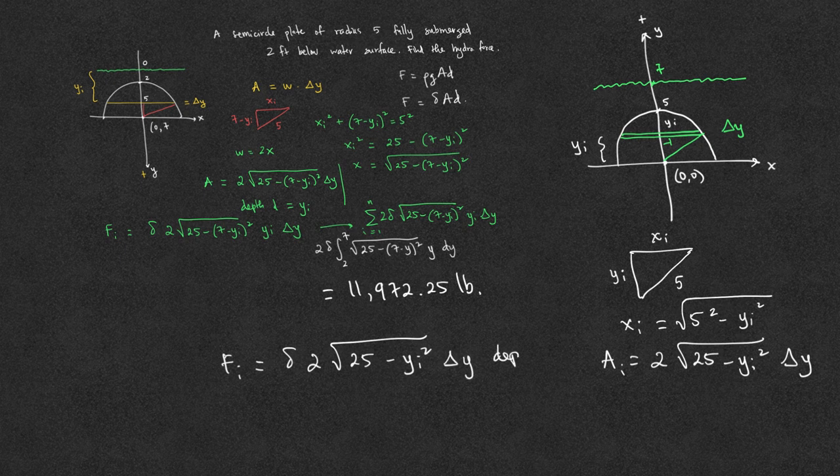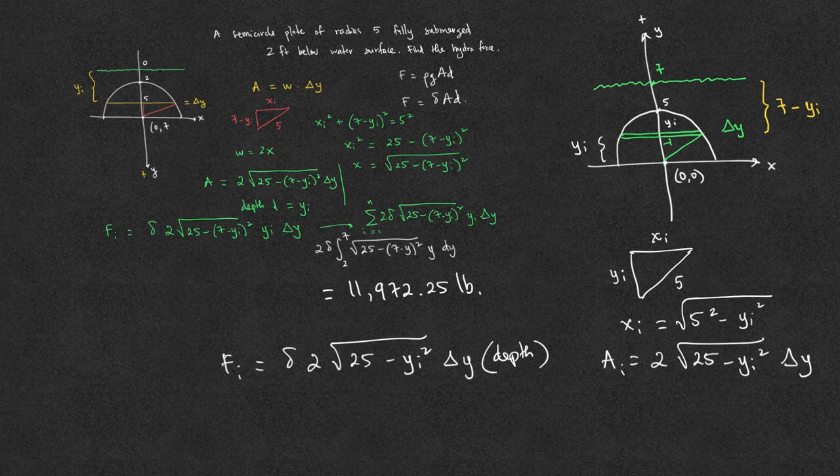We still need to find the depth. The depth is always from the water level to where we slice. We take the upper y, which is 7, minus where we slice, which is y sub i. And so the depth is 7 minus y sub i.